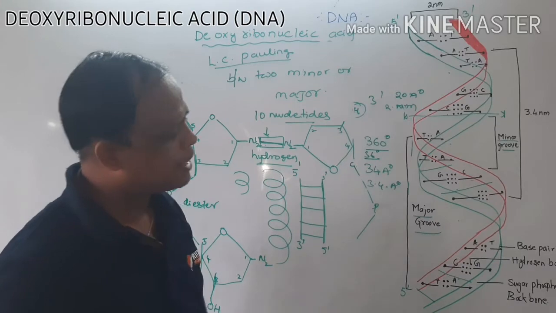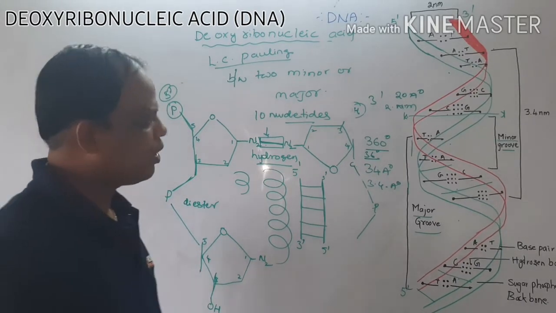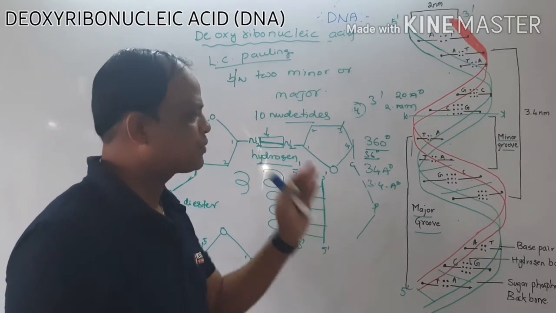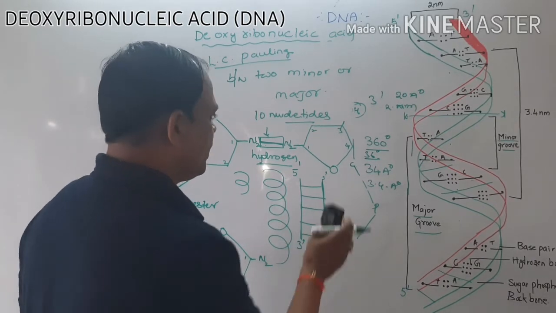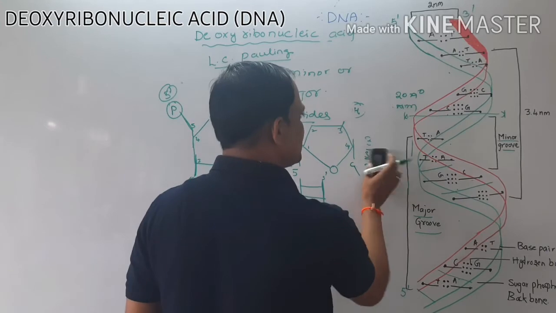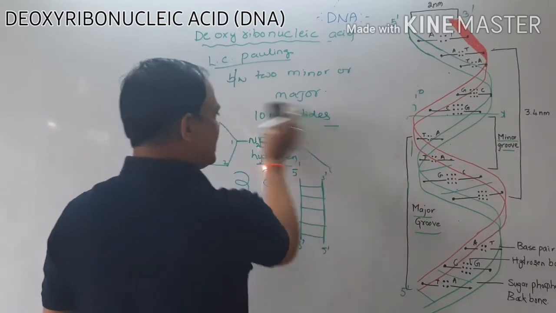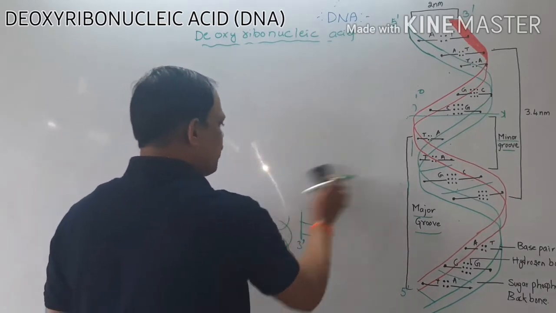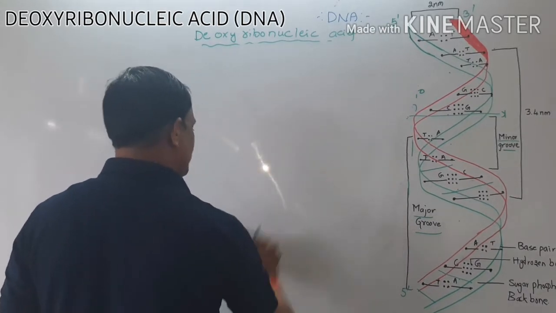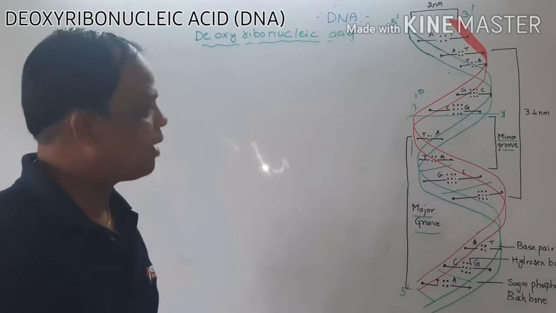And some information was given by Chargaff, which is also called Chargaff's rule. Based on Chargaff's rule, mainly in this DNA strand, purines and pyrimidines are present in equal ratio. That is the first Chargaff rule.